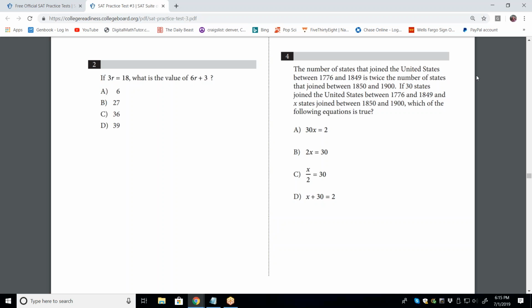Which one gives you x equals 15, which we know that to be the answer? Okay, let's look at A. What's x equal to in A? Solve for x for A.